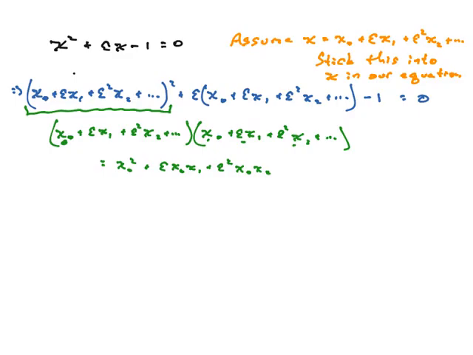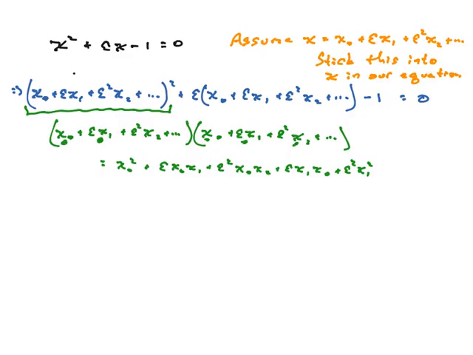So I've now done x naught on all the stuff on the right I need. Now I move to epsilon x1 times all the stuff. So epsilon x1 times x naught gives me an epsilon x1 x naught. Then epsilon x1 times epsilon x1 gives me an epsilon squared x1 squared. Then epsilon x1 times epsilon squared x2, that's an epsilon cubed guy.